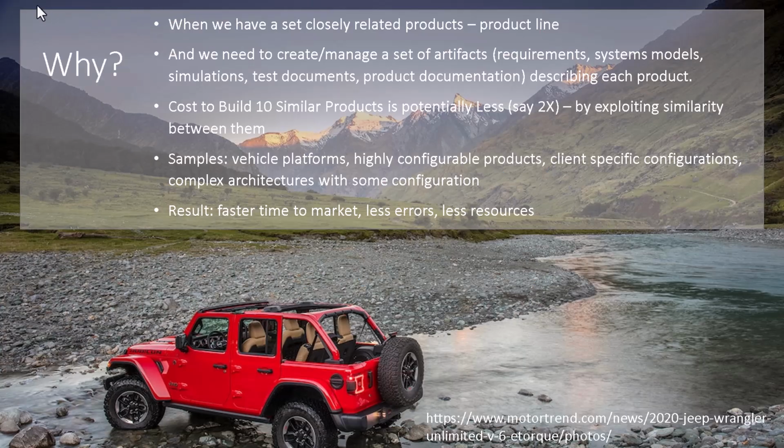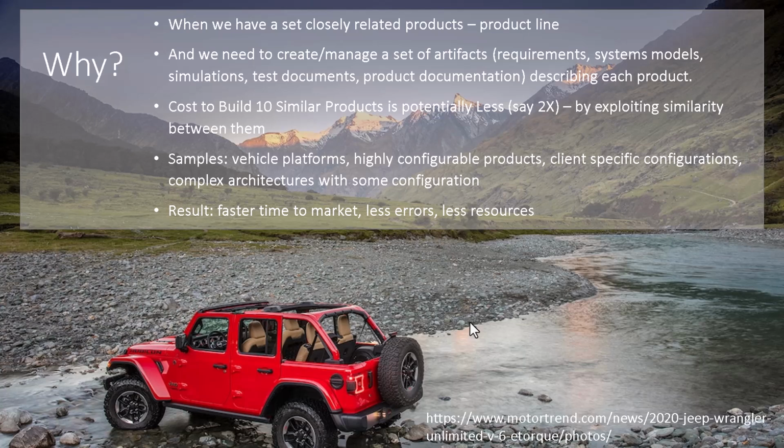So again, why? Because there are product lines, where you have not one product, but products with some configuration. There are similar products, and you need to change configurations when you are producing, and do analysis, documentation, and testing based on those different products.